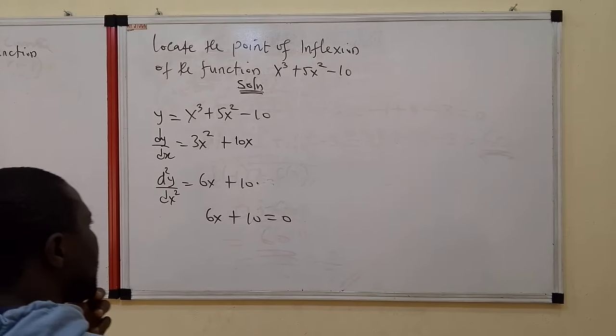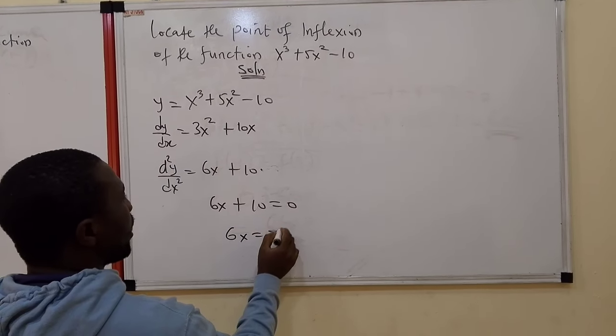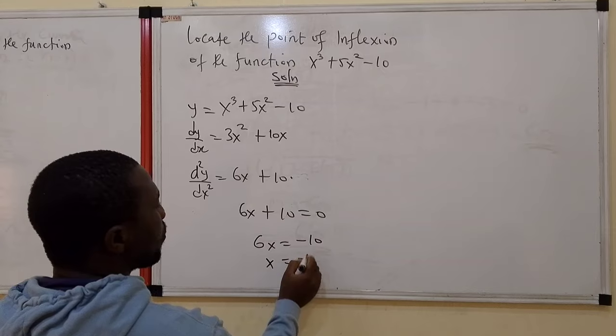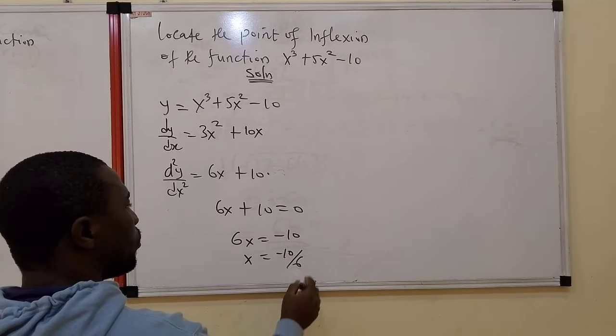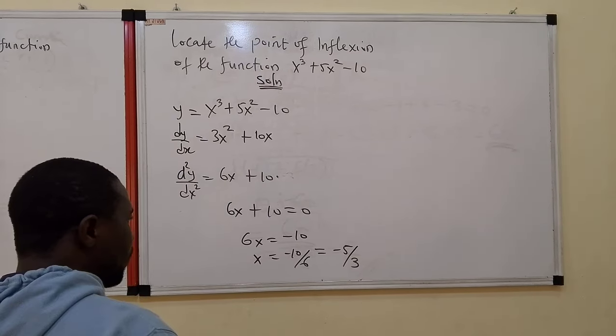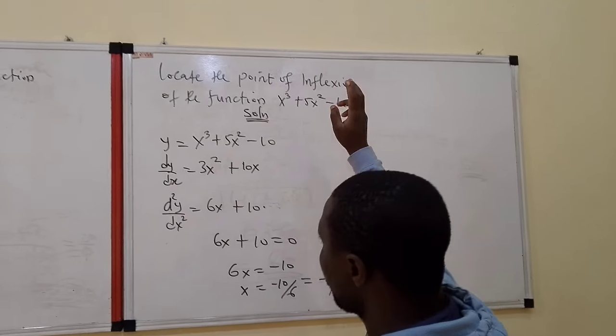Since 6x plus 10 equals 0, it implies that 6x is equal to minus 10. When plus 10 moves that way, x now will be equal to minus 10 over 6. You reduce it, that will give us minus 5 over 3. So minus 5 over 3 is the point of inflection for this function.